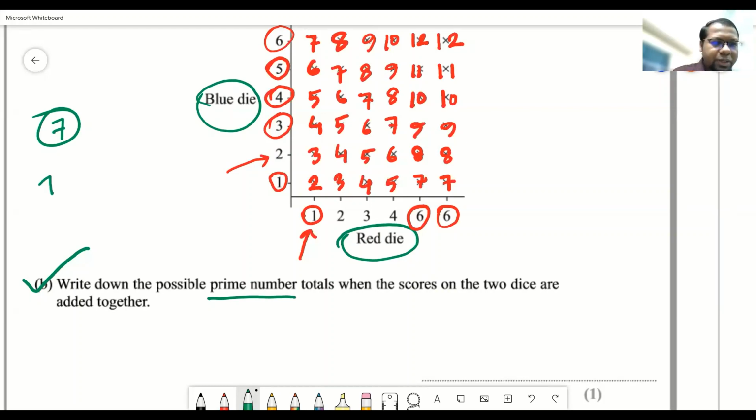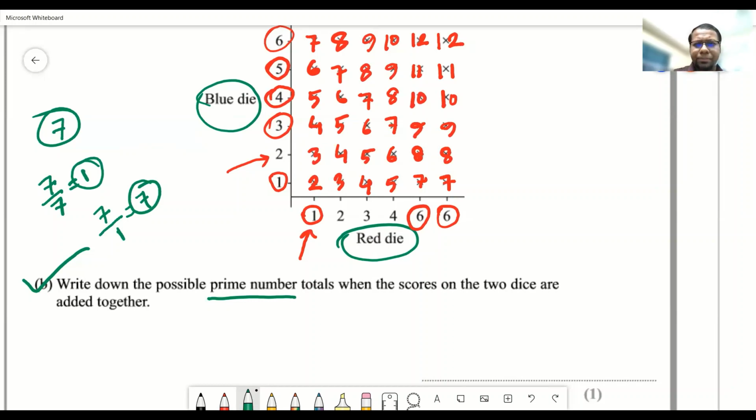Like if you divide 7 by 7, you will get 1, and if you divide 7 by 1, then you will get 7. But if you divide 7 by other integers, the result will be a decimal number. So prime numbers are those numbers which can be divided by itself and 1 if we want to have the result as an integer. Okay.